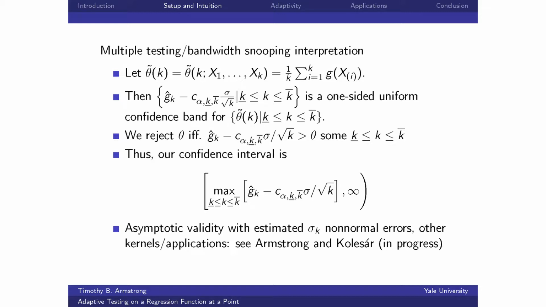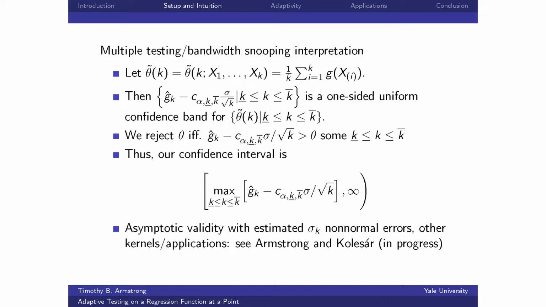So what I'm saying here is that this g hat k minus this critical value is going to be less than or equal to this theta tilde of k that I've defined. So with probability 1 minus alpha, we'll have simultaneously for all k between the lower k and the upper k that it's in that confidence band.